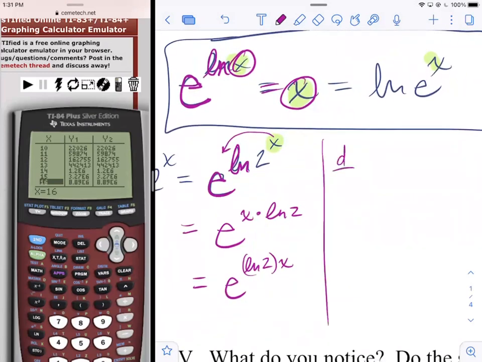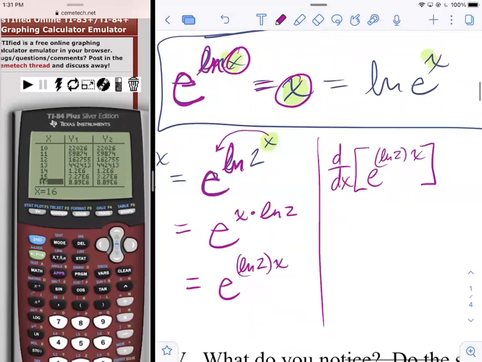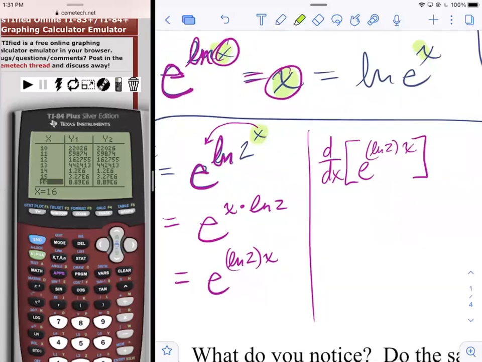Watch. The derivative with respect to x of e to the (natural log of 2) times x is, using the e rule, what's the derivative of e to the blob? E to the blob times the chain rule, the derivative of the blob. What's the derivative of the natural log of 2 times x?